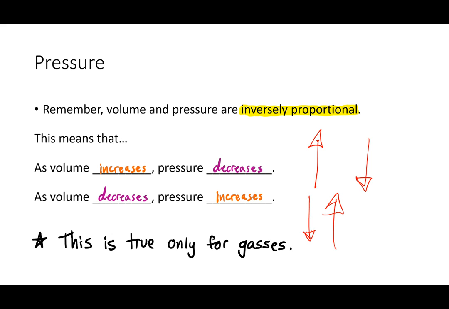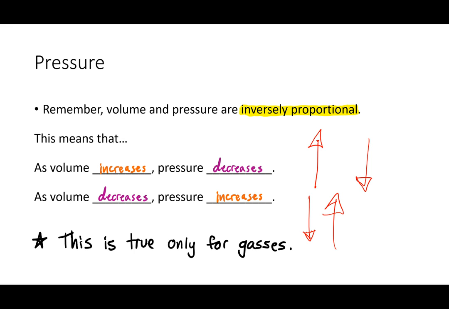Anyway, so they are always opposite. And this is only true for gases because liquids are incompressible, they cannot be compressed, so they're not really affected by pressure so much. And solids definitely are not.